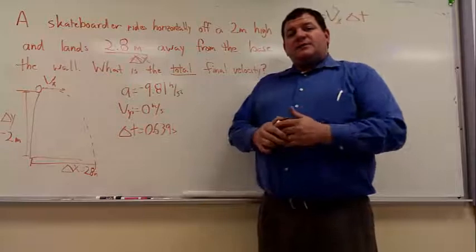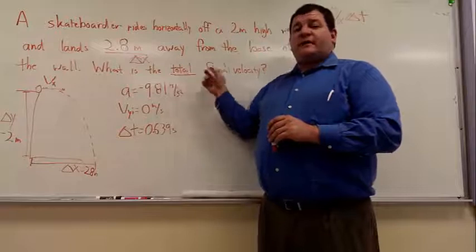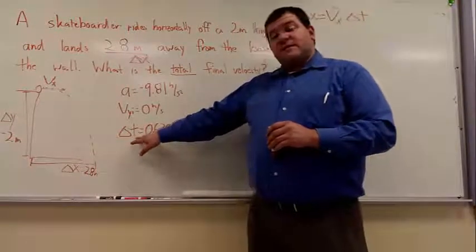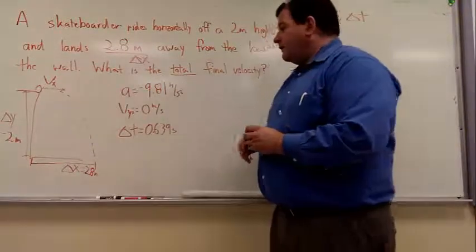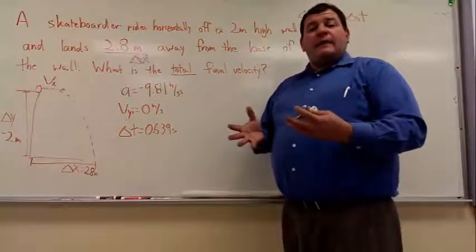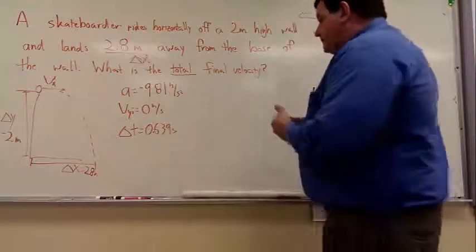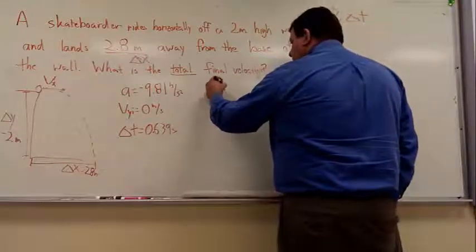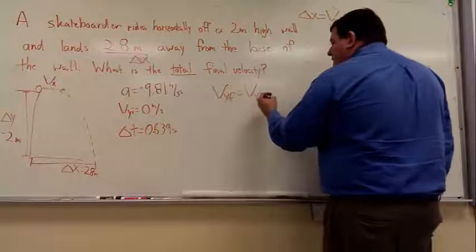Another thing they may ask you with horizontal projectile problems is, what is the total final velocity? In the last problem, we found that the time was 0.639 seconds for this object to fall 2 meters. We're going to use that to find our final vertical velocity, and then we'll add that to our horizontal velocity to find the total velocity. I can use this equation to find my final velocity.